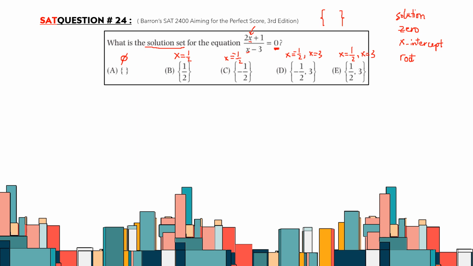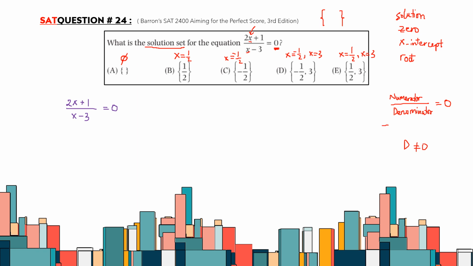So let's start with this question. We have (2x + 1) over (x - 3) equals 0. One more note before we start: if you have a fraction with the numerator on top over the denominator, and it equals 0, we know that the denominator cannot be 0.